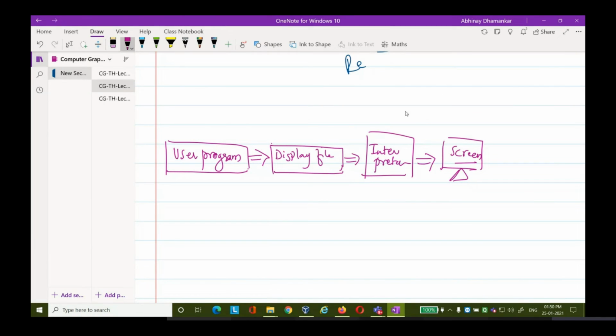This is the flow. So usually we are writing a graphics program here, and ultimately this is done by the system. The interpreter is there and then it will be displayed on the screen. Likewise, this is done here.